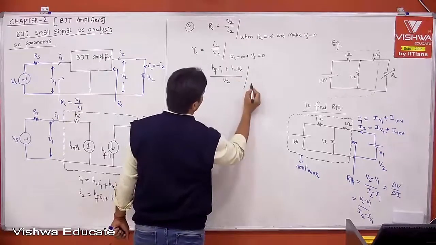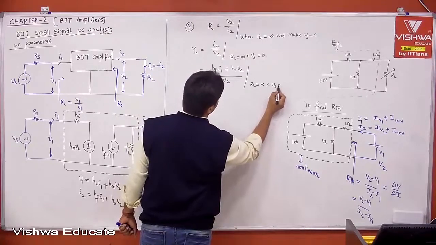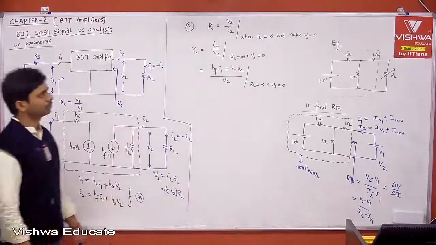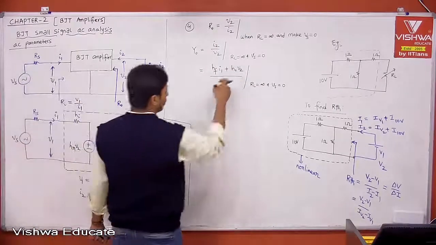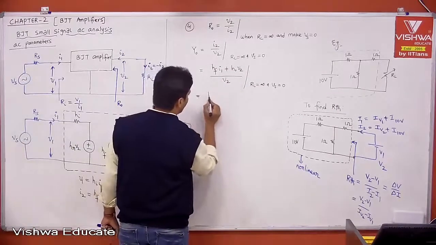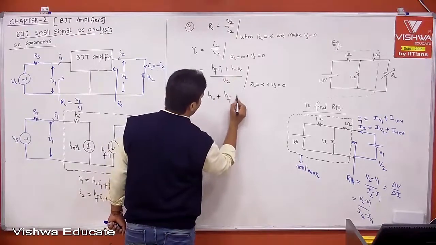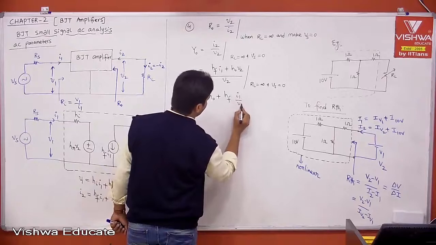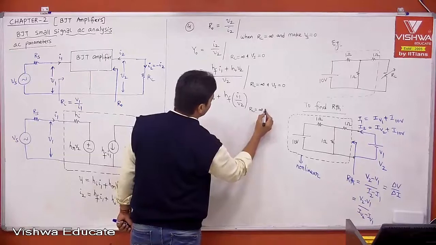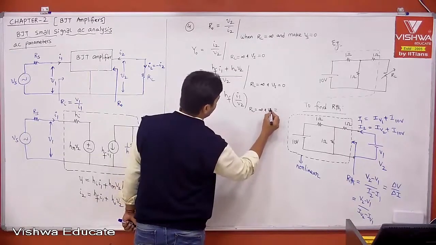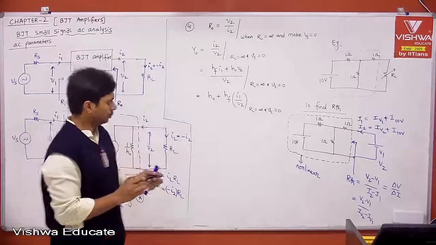Now, V2 will be cancelled. Then you will get HO plus HF into I1 divided by V2. For this, you need to make RL infinity and Vs 0. If you use these conditions to get I1 by V2, I think the problem is over.